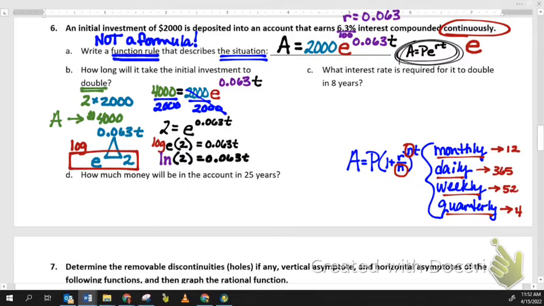How do I get the t all alone? We're going to divide both sides by 0.063. And when you divide that, it comes out to be like 11.00 something. So this is about 11 years.